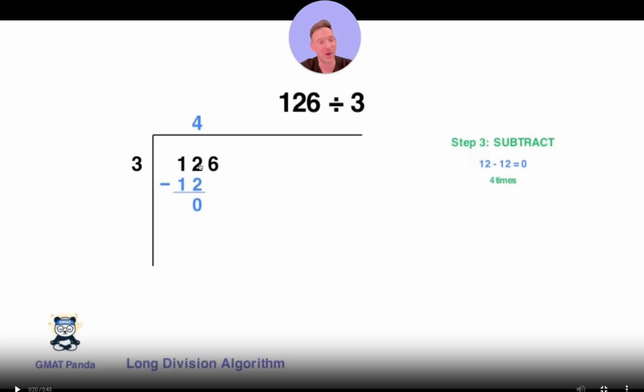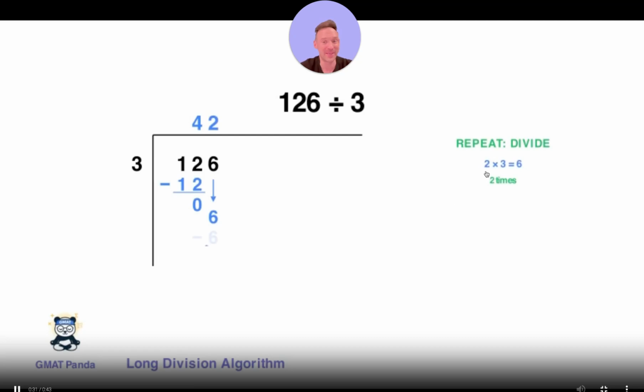And now, this 4 goes 3 times into 12, so we put it above the 2. Now, the next step is to bring down the 6, right? And then we start again. So we try and check how many times does 3 go into 6. And it goes 2 times.